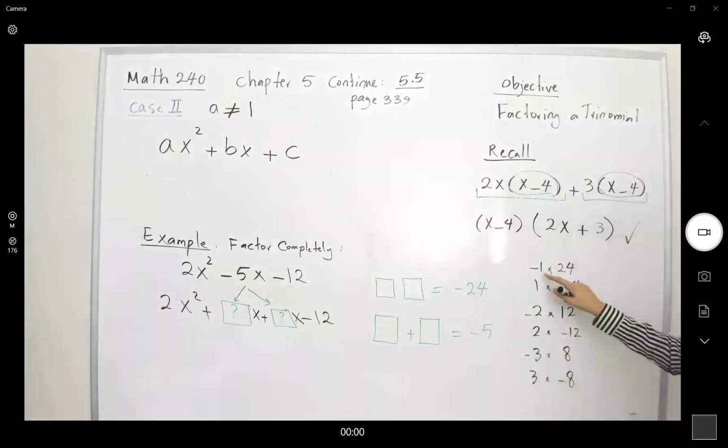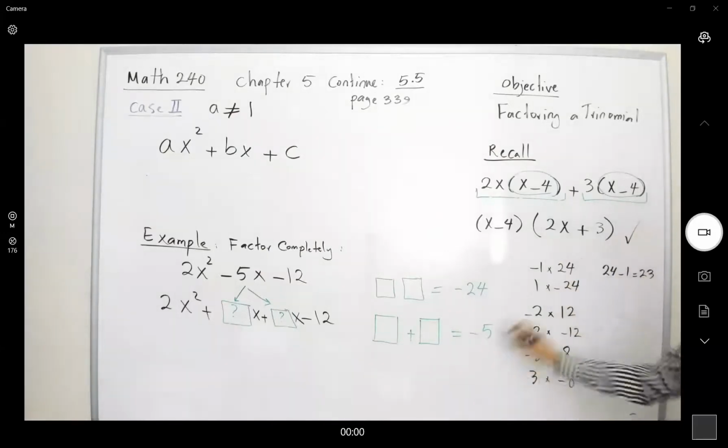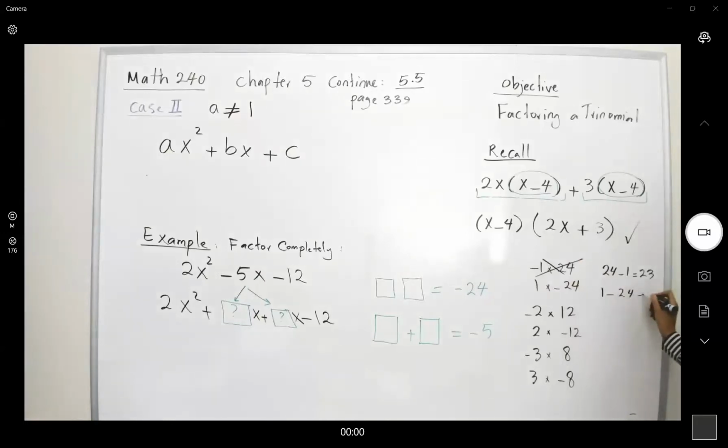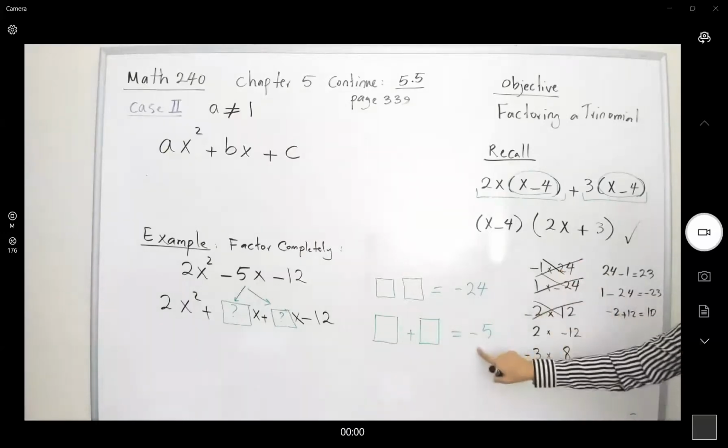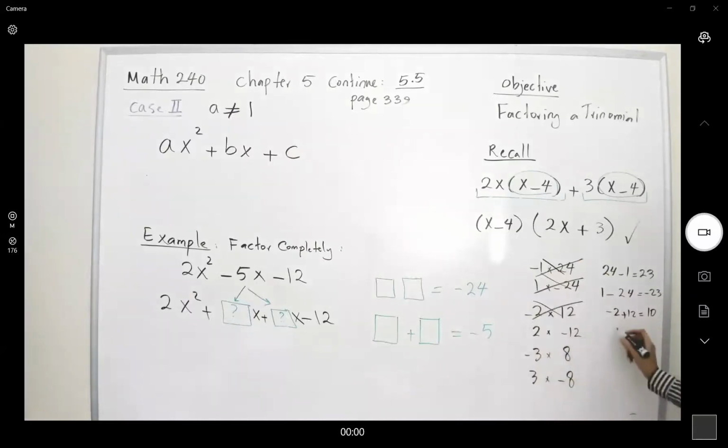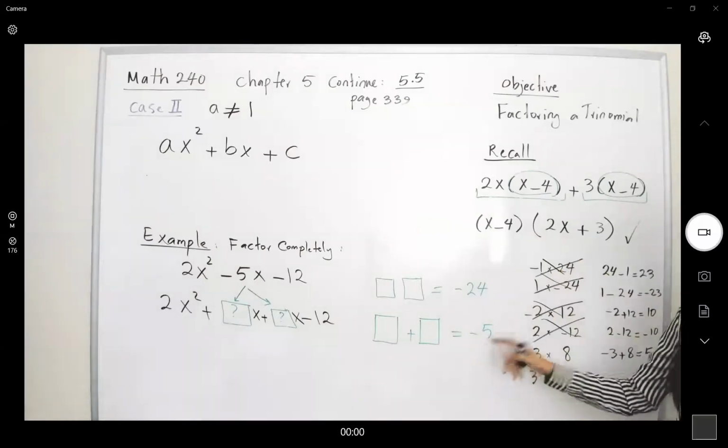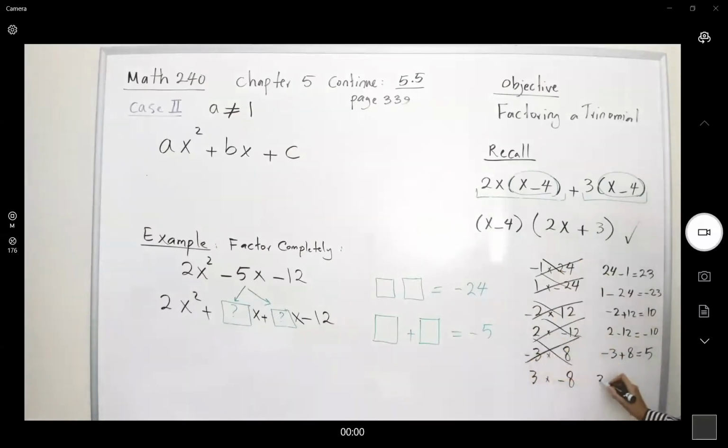Negative 1 plus 24 is 23, not a good option. 1 minus 24, negative 23, not a good option. Negative 2 plus 12 is 10, no, I need negative 5. 2 minus 12 is negative 10, no. Negative 3 plus 8, I get 5, I'm getting closer. And 3 minus 8 is negative 5. This is the option that I'm looking for.